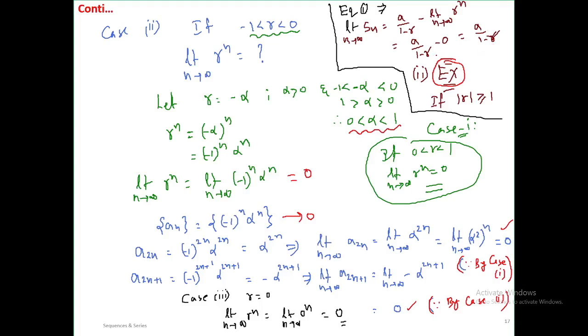That you have to write here. I am repeating once again. Look at the first statement: limit n tends to infinity, Sn is a by 1 minus r. Therefore the sequence of nth partial sums converges to a by 1 minus r. Therefore the series also converges to a by 1 minus r if modulus of r is less than 1. Okay, and with this I will stop.